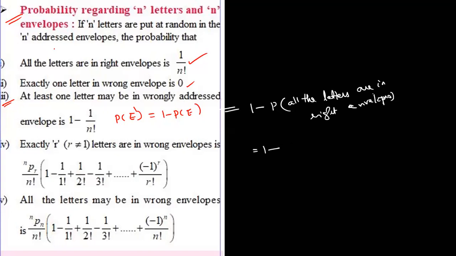That is 1 minus 1 by n factorial. That is the answer. At least one letter may be in wrong envelope means what? All the letters in right envelopes means reverse process. 1 minus 1 by n factorial. Yes, same derangement concept.